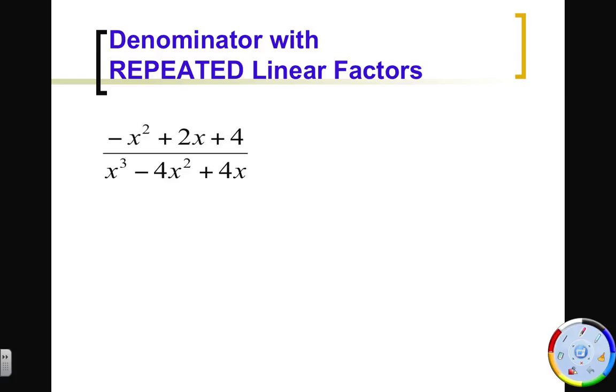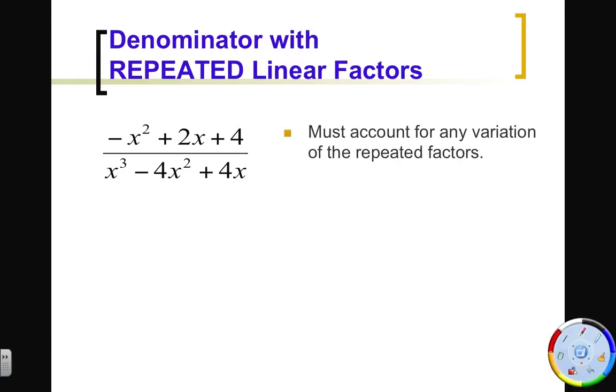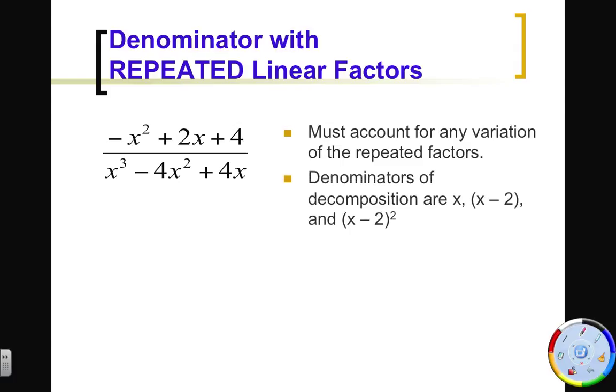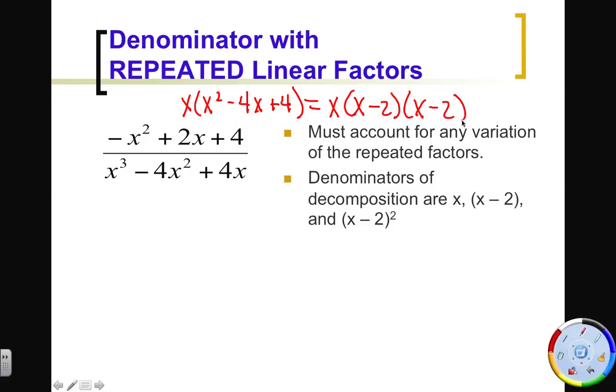All right, so here is an example of a repeated linear factor. When you factor the denominator, you need to account for every variation of the repeated factor. You'll notice that the denominator here actually factors. If we take out an x, we would get x squared minus 4x plus 4, which is actually equal to x times x minus 2 times x minus 2.